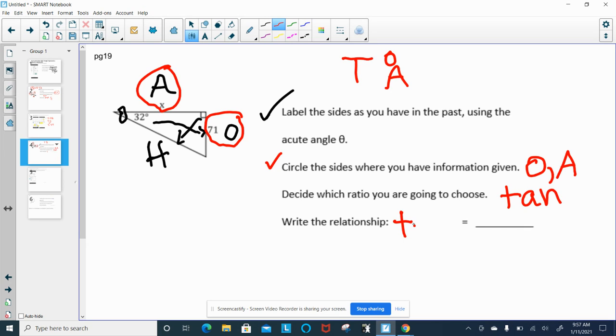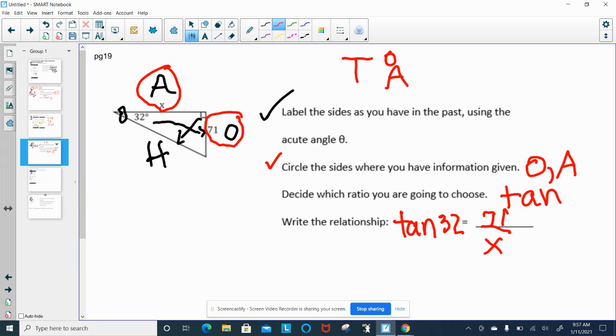And tangent of 32, that's our theta, equals O over A, which is X. So there's our equation.